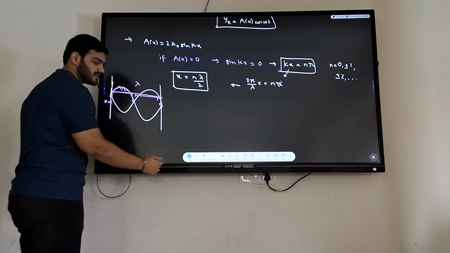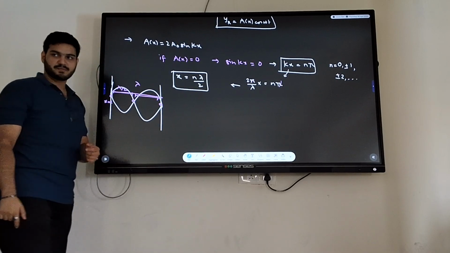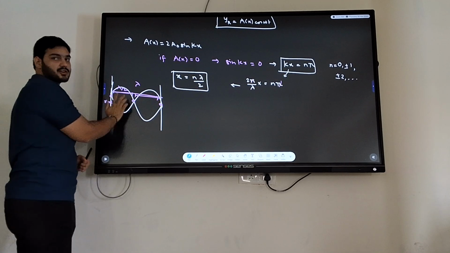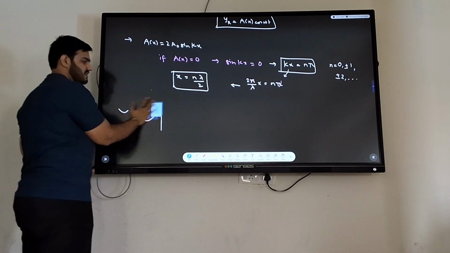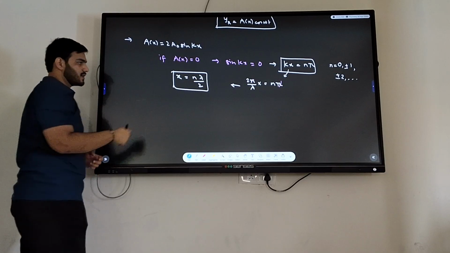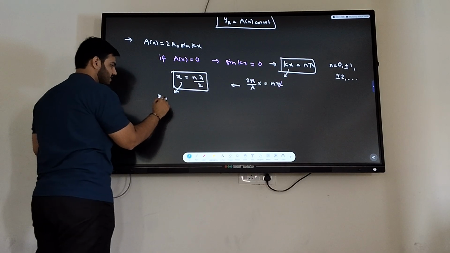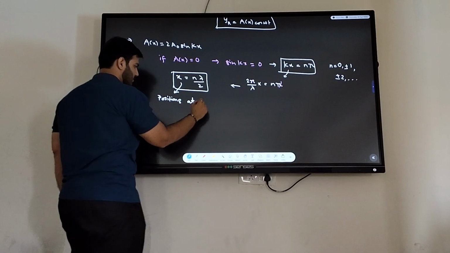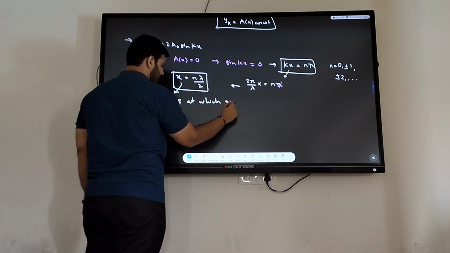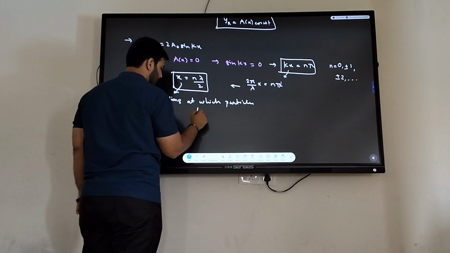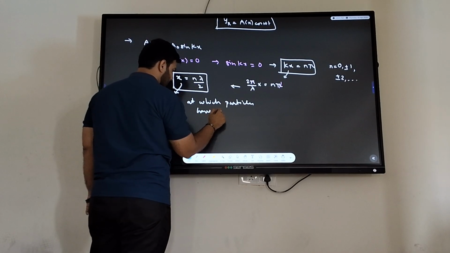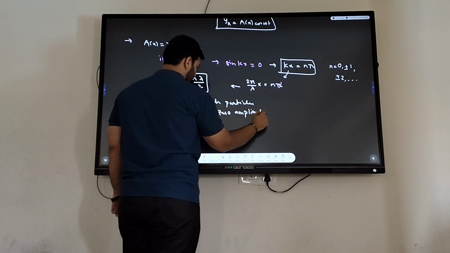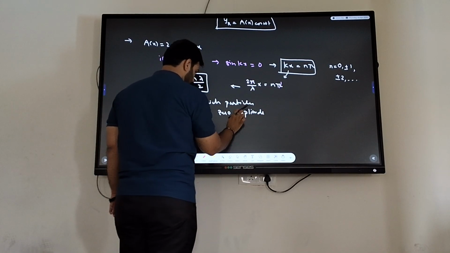So the positions at which you find zero amplitude are given a special name. They are called nodes. Okay? So these points are called nodes. Is there any problem? Positions at which particles have zero amplitude are called nodes.